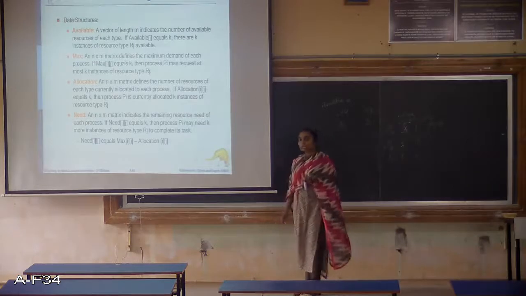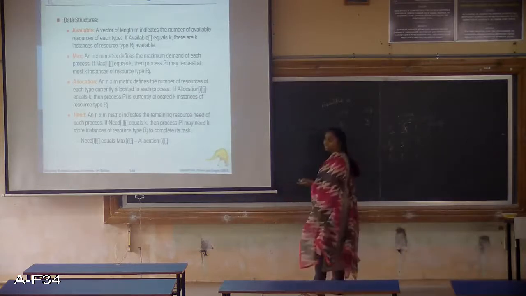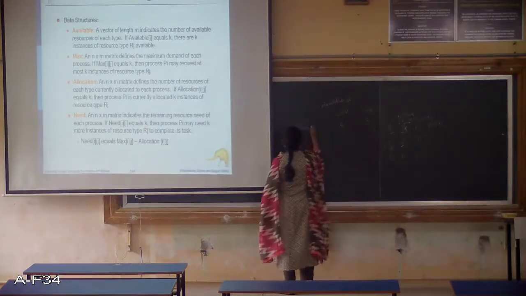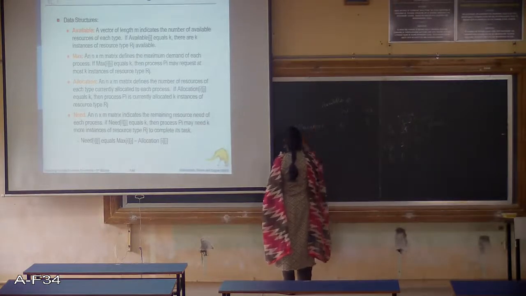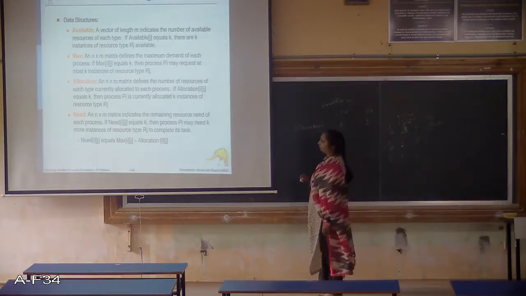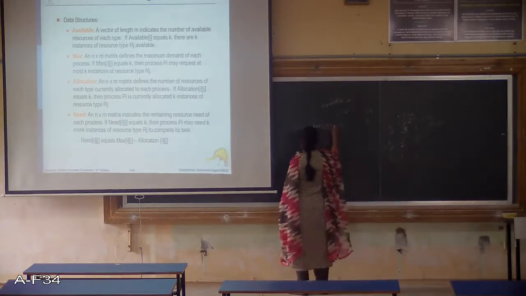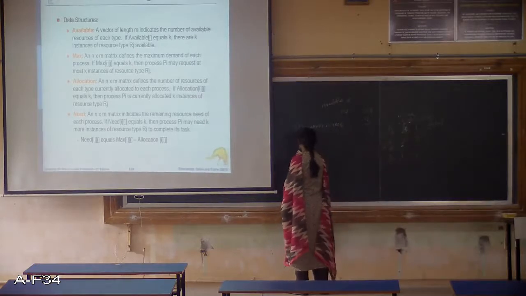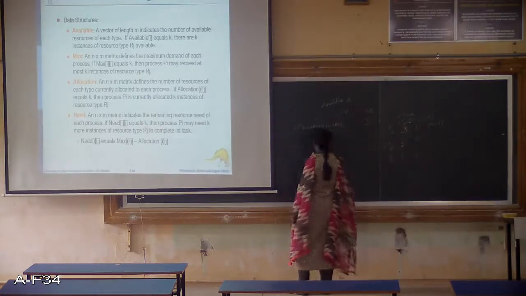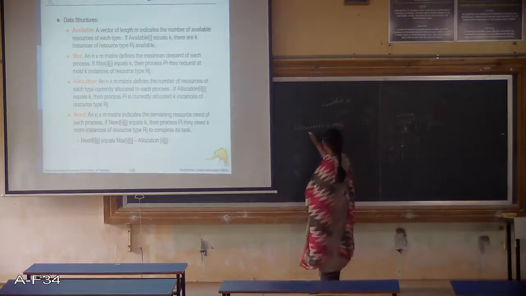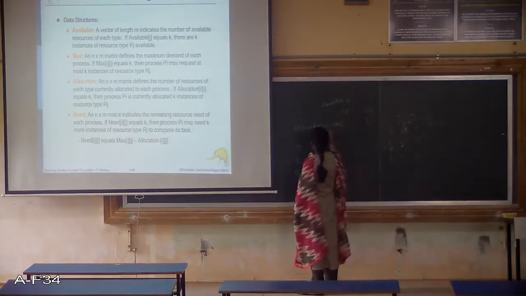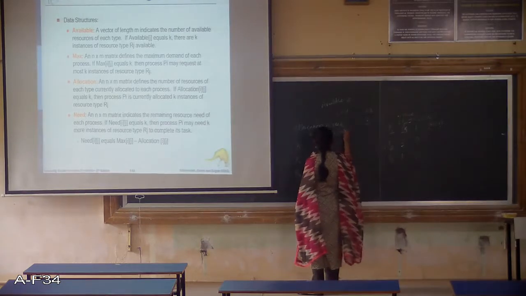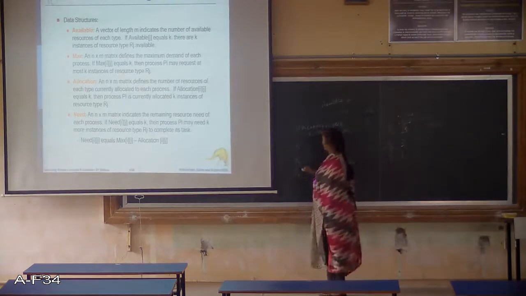Next one is Allocation. Allocation indicates how many resources are already given to the process. Allocation is also an n by m matrix. Here again we have processes P1, P2, P3, and resources R1 and R2, where R1 is CPU and R2 is USB ports.